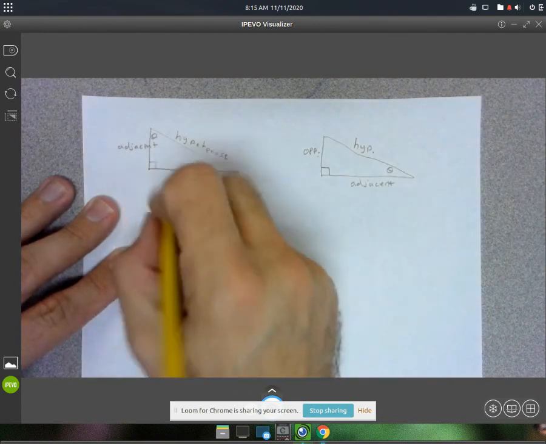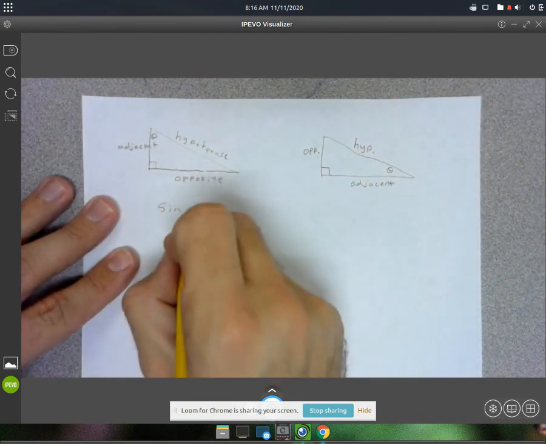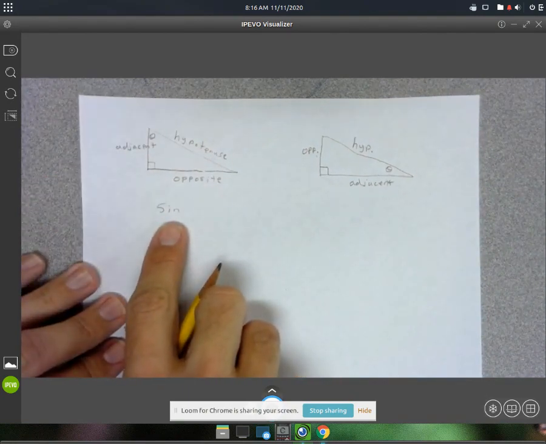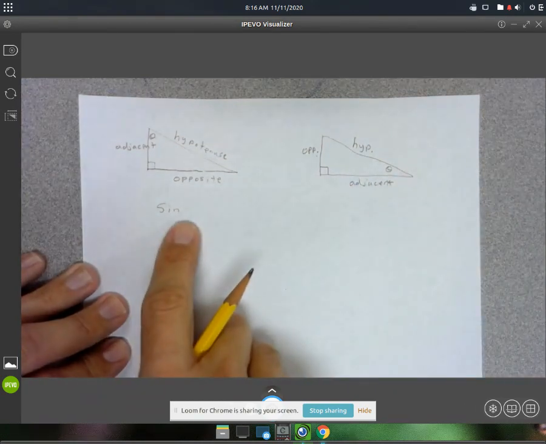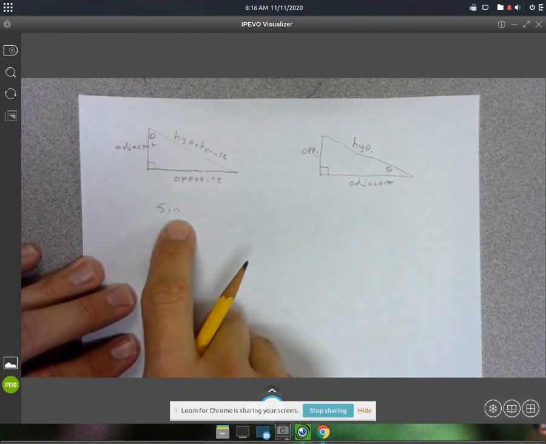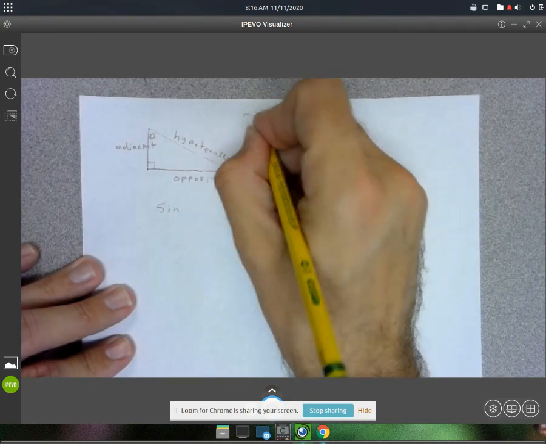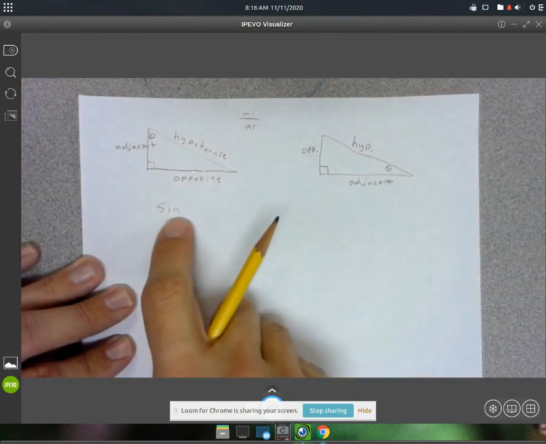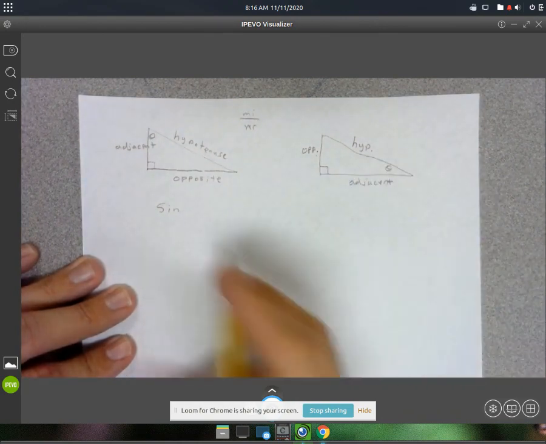The trig functions, sine, cosine, and tangent, give you a ratio of one side of a triangle to the other side. A ratio could be your miles per hour, miles over hours. Ratios are just fractions.